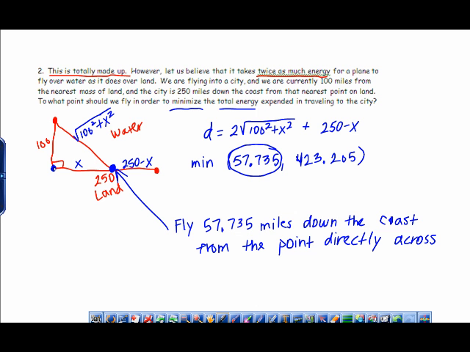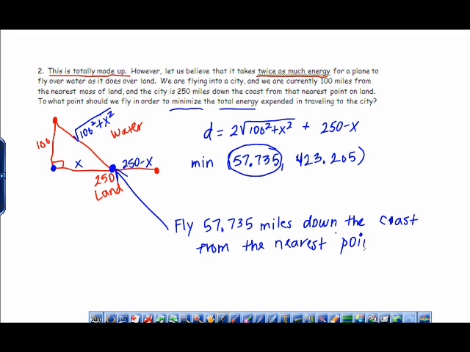So think about this. We're talking about this distance, 57.735 miles down the coast from the point, I'm going to say from the nearest point on land from where you started. Maybe thinking, is this really necessary?